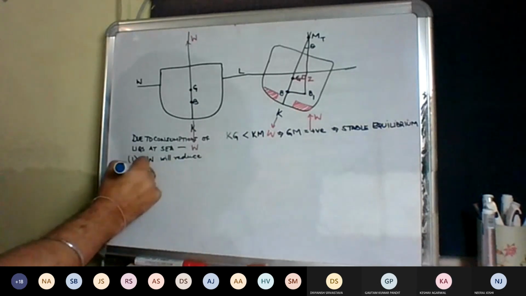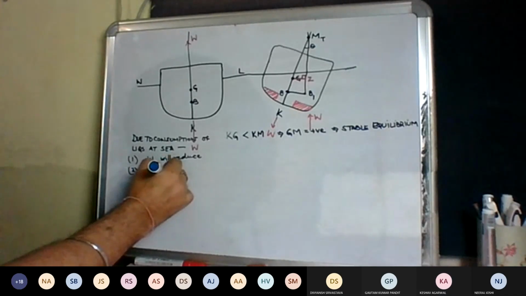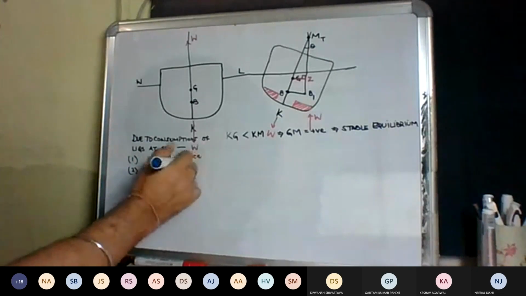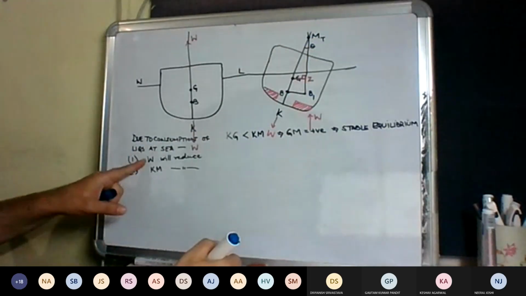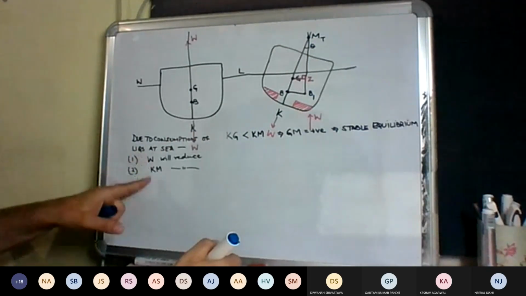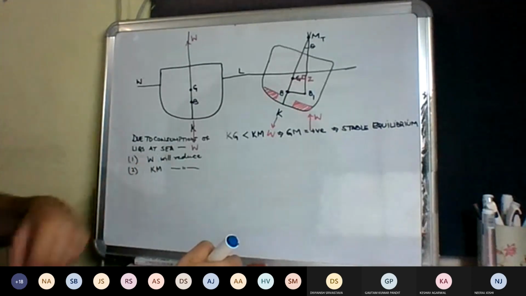If my W will reduce, my KM will reduce. That means my M will start coming down, because KM is directly proportional to displacement. If displacement increases, KM increases. So KM will reduce.